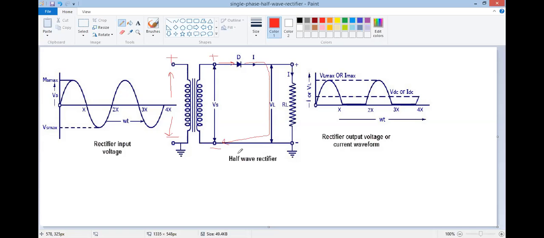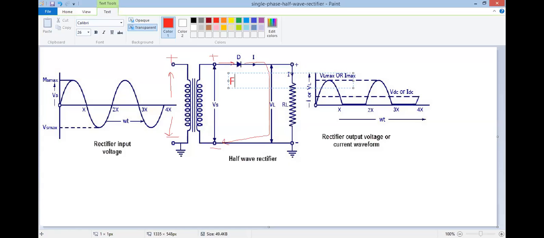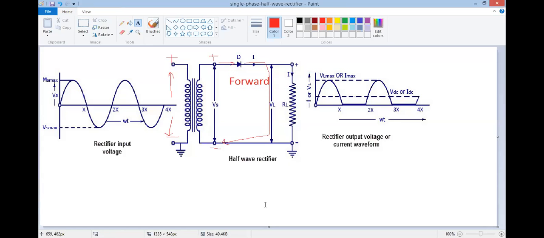So we call it forward biasing. Now the diode is forward bias.